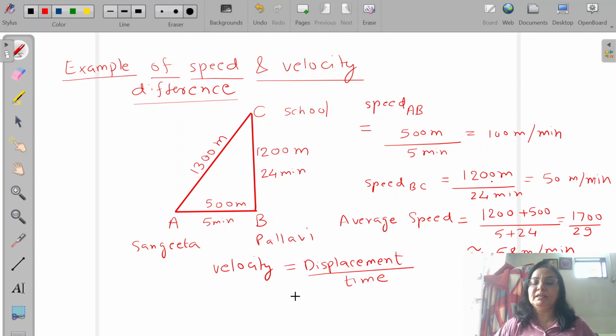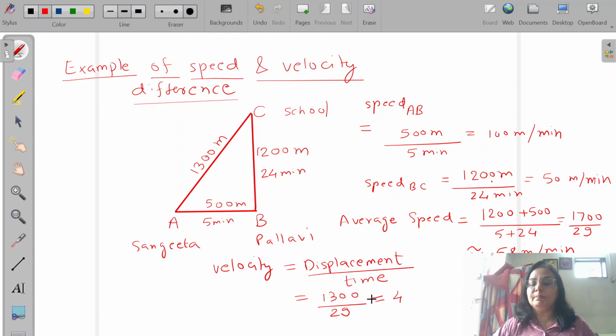So what is the displacement here? It's the shortest distance between the 2 points, starting point and finishing point. So the shortest distance travelled by Sangeeta would be 1300. But Sangeeta took 29 minutes to reach school, 5 minutes and 24 minutes. So the total time taken was 29 minutes.